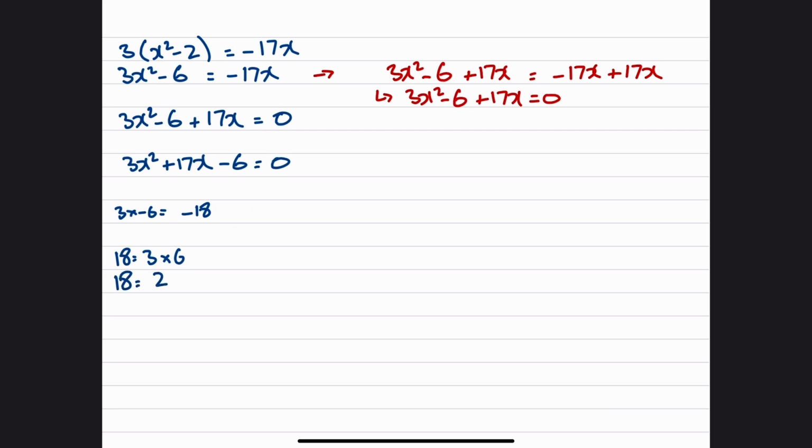So 18 equals 2 times 9. Will 2 and 9 ever give me 17? Also won't. So 18 equals 18 times 1. Will 18 and 1 give me 17x? Yes, they will.